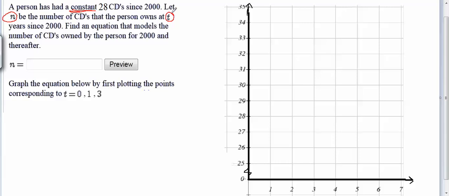And they're asking us to find an equation that models the number of CDs owned by the person, and then to graph that equation. So if we're thinking about finding an equation, we could set up a table with our independent and dependent variables.